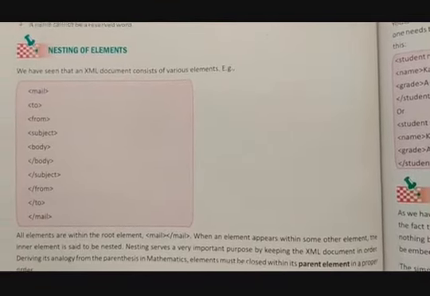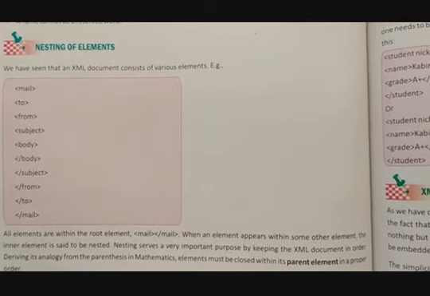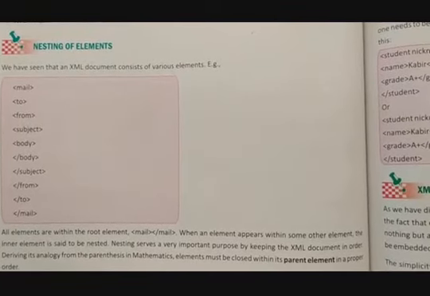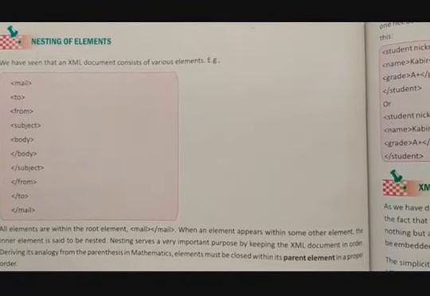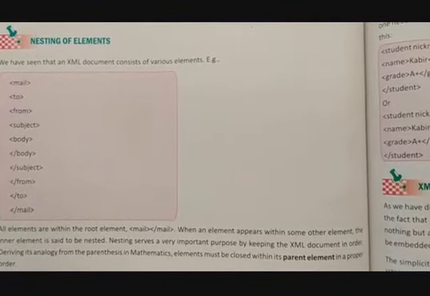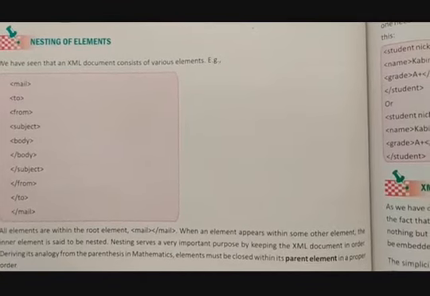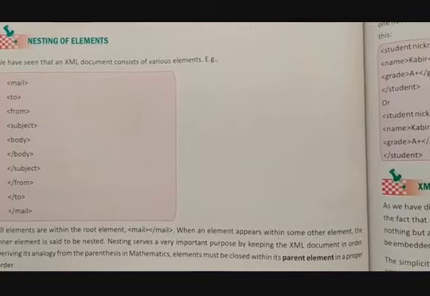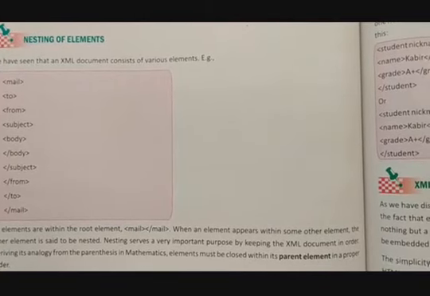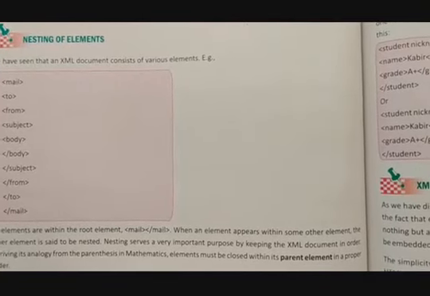Inner element or tag is said to be nested element or nested tags, and nesting serves a very important purpose by keeping the XML document in order, deriving its analogy from the parenthesis in mathematics. Elements must be closed within its parent element in a proper order.